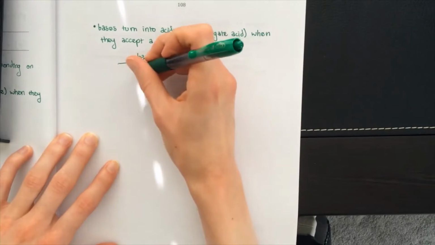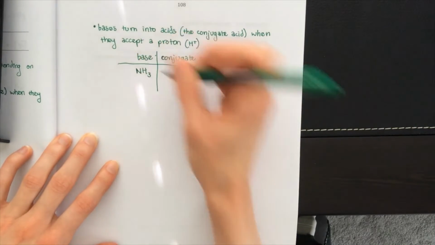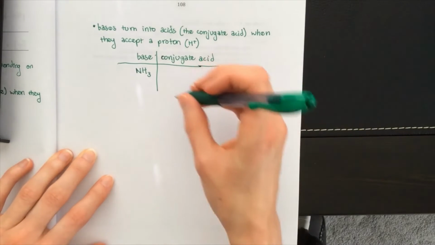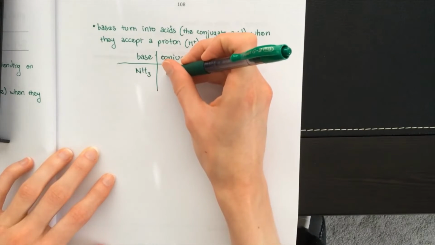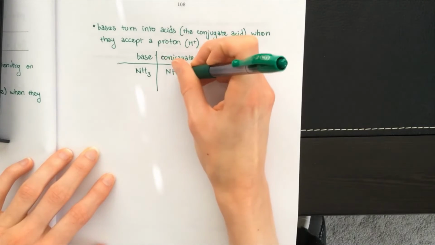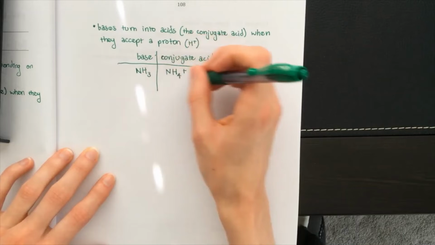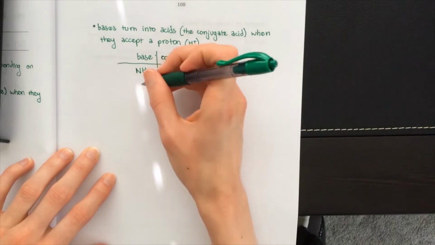All right, a common base is ammonia, NH3. Bases gain hydrogen. They're good at taking hydrogen, and so they become positive when they turn into conjugate acids. So NH3 turns into NH4 plus.